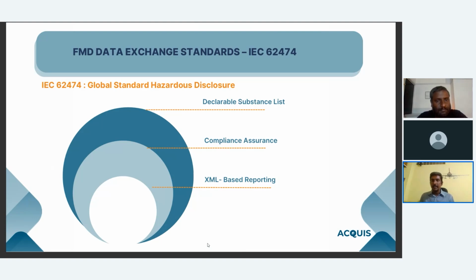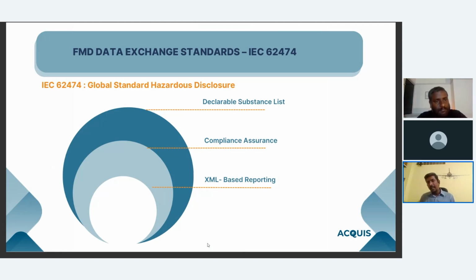These declarable substances include the REACH SVHC and also the restricted list. There is the RoHS list. There is battery regulation. It supports POPs regulation, the persistent organic pollutant regulations.